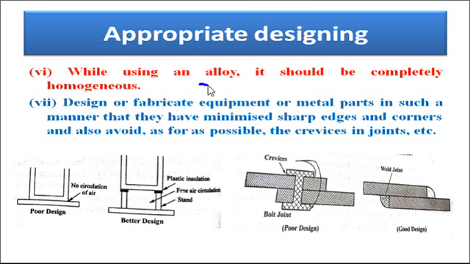Similarly, if we are using an alloy, then this alloy should be a homogeneous alloy. No heterogeneity should be there in the alloy, because if there is heterogeneity in the alloy, then it will cause stress in the alloy, and due to this stress chemical non-uniformity is created, and this will cause corrosion.